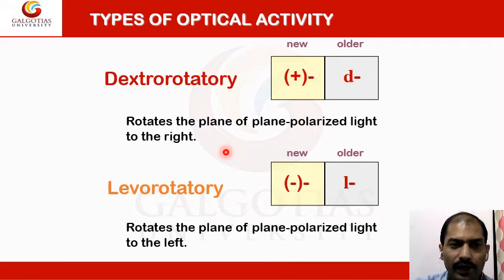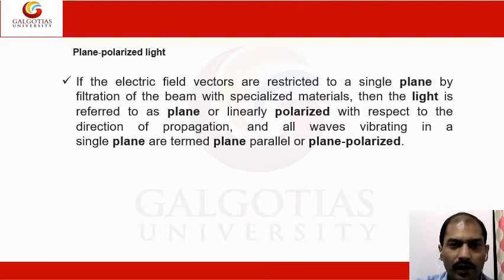Similarly, levorotatory is designated minus, and the older convention of representation is l minus. These rotate the plane polarized light towards the left direction. On the basis of that, dextro rotation and levo rotation have been designated. So this is how we can see it here.